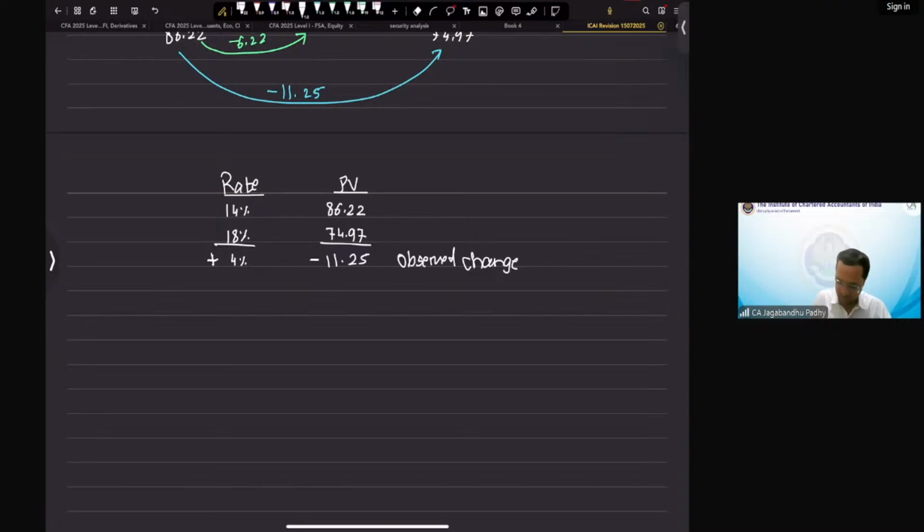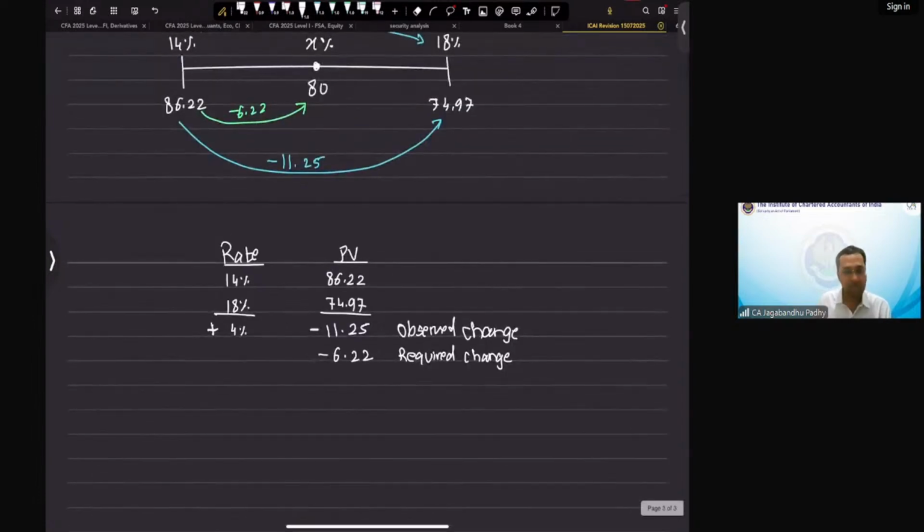If that is the observed change, what is the required change? We want a change of 6.22 in the present value.